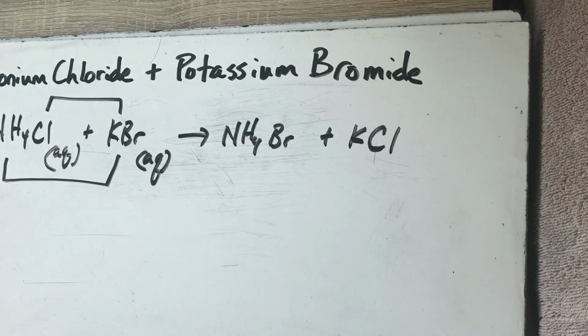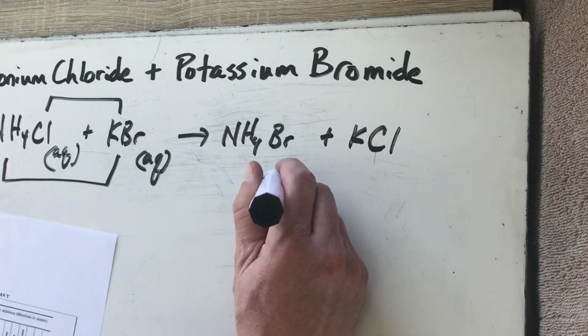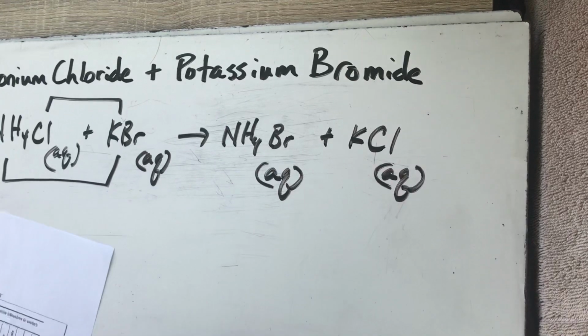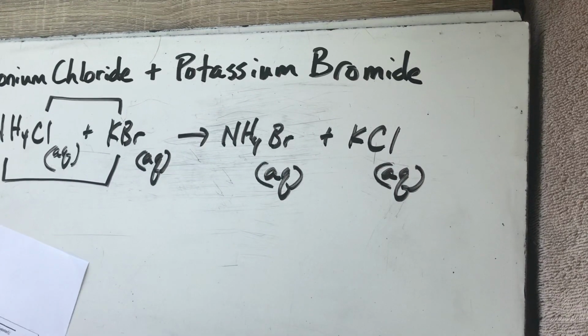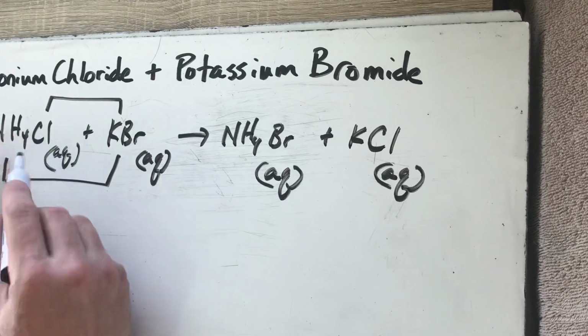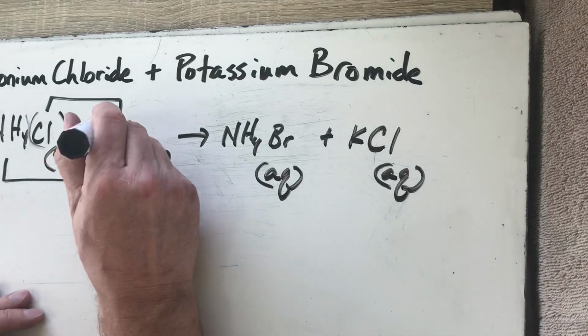However, when I try to interpret the reality of it, I look on this, and I'm going to notice that both of these are aqueous. Now what does that really mean? Okay, this right here was a solution where water had ripped these two components apart and they're just floating around separate. Same here.